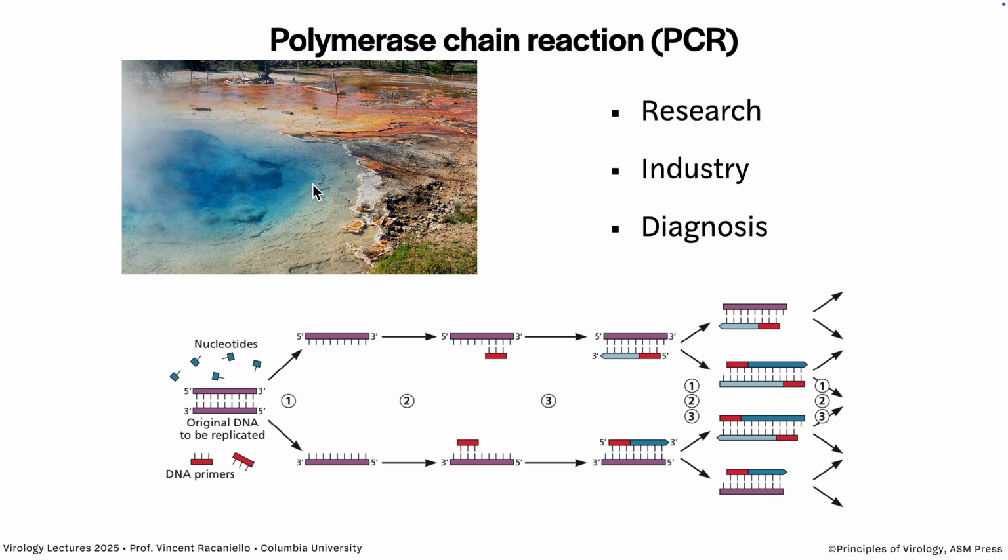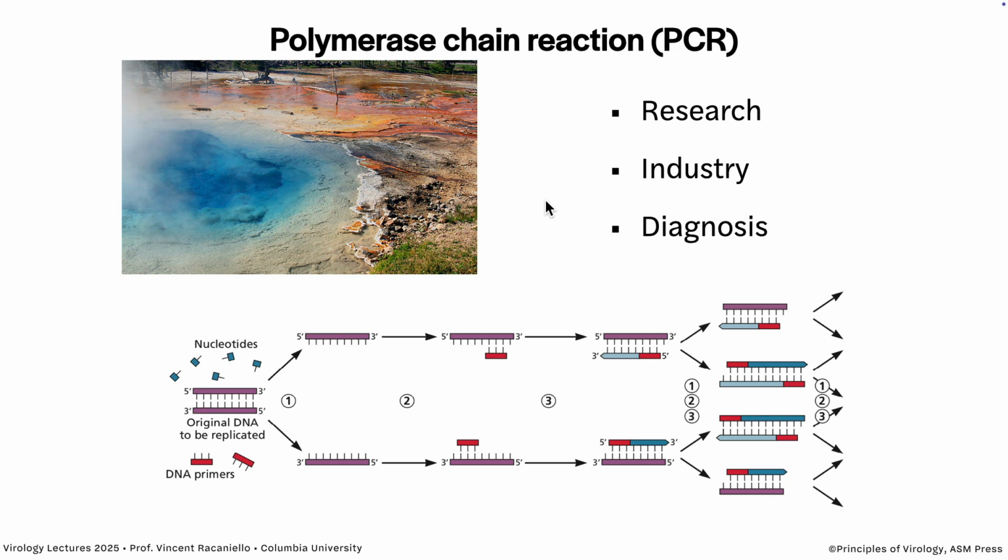And studying these extreme environments can be very useful. So Thomas Brock, a microbiologist working in the 60s, wanted to know what the bacteria growing in these were like. And he isolated one strain called Thermus aquaticus. Eventually, people found that this bacteria has a DNA polymerase that can withstand high temperatures, as you might guess.